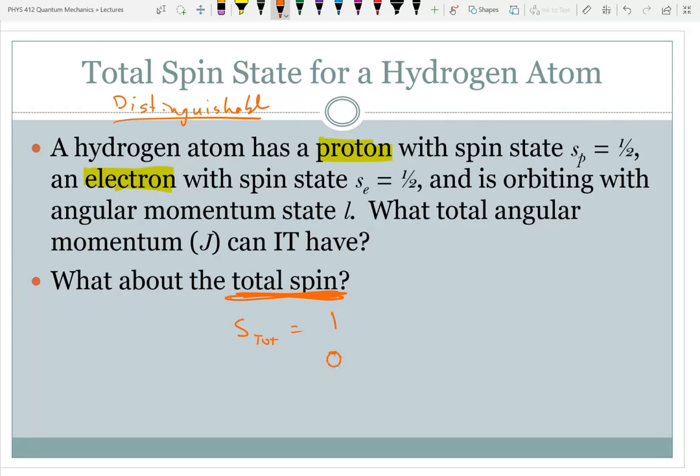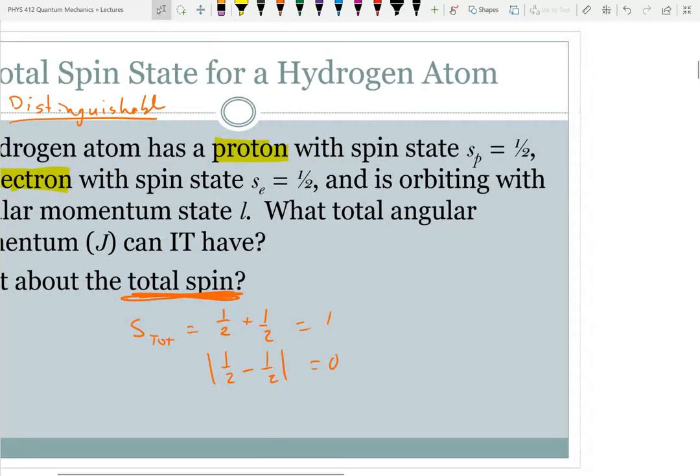It can be 1 or it can be 0. That is, it can be 1/2 plus 1/2 equals 1, or the absolute value of 1/2 minus 1/2 equals 0, and any integer in between, which don't exist. So we can have those two possible spins.